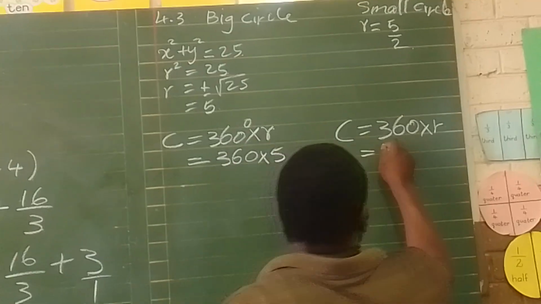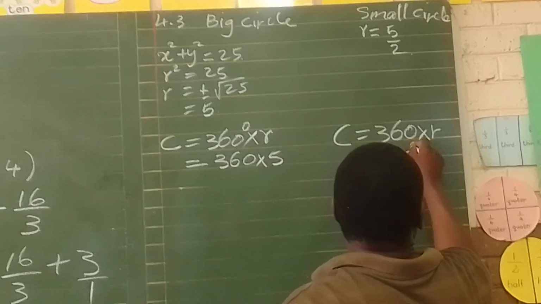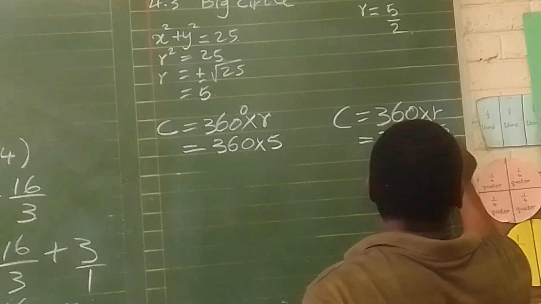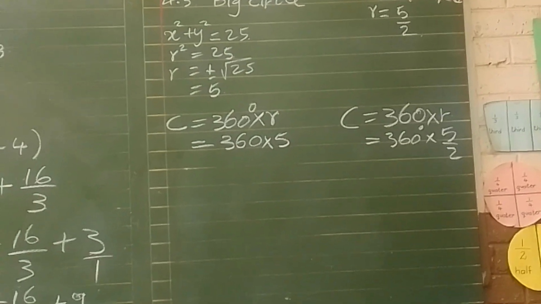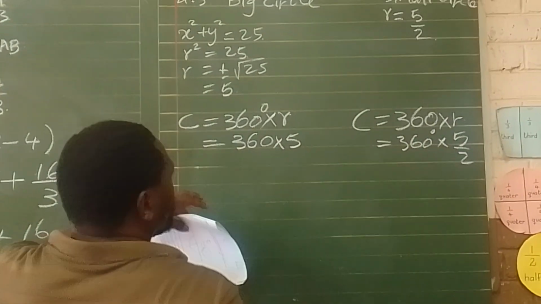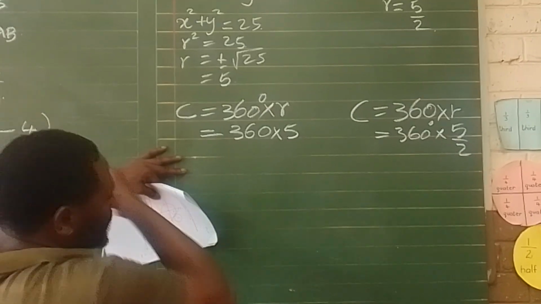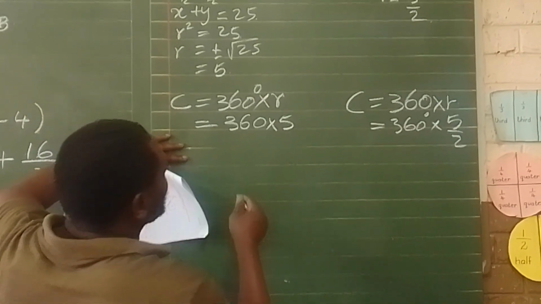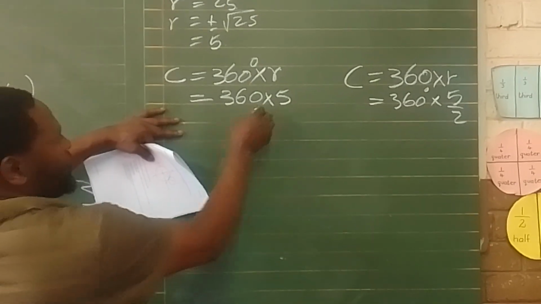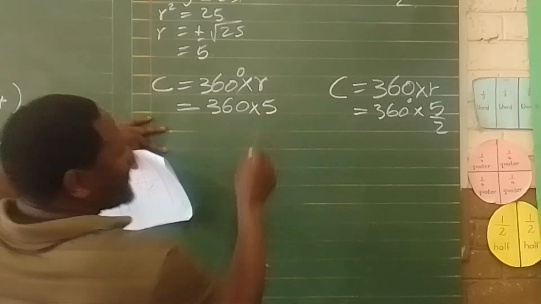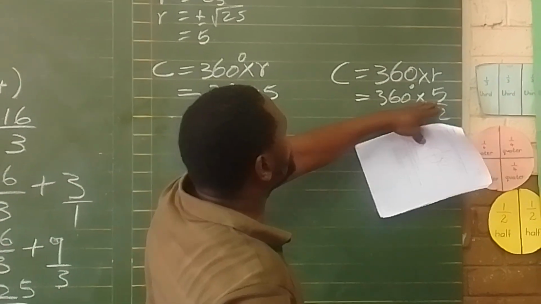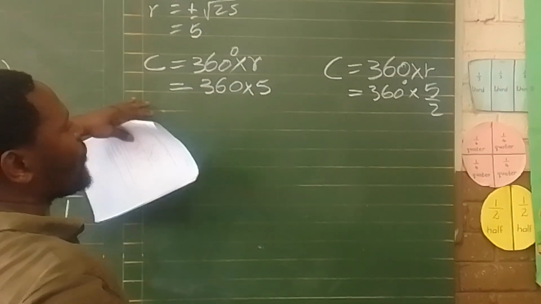Here it's 360 degrees multiplied by 5 over 2. Now if you check here, 360 multiplied by 5 and 360 multiplied by 5 over 2.